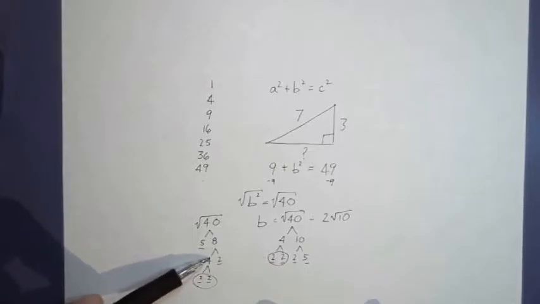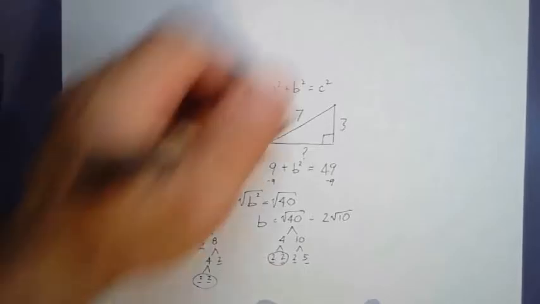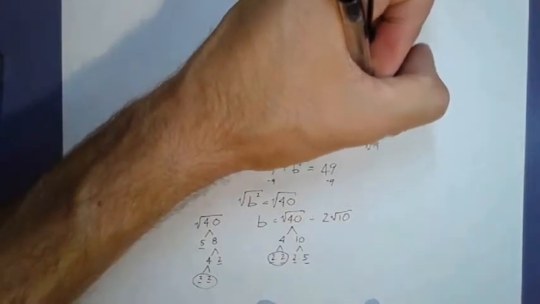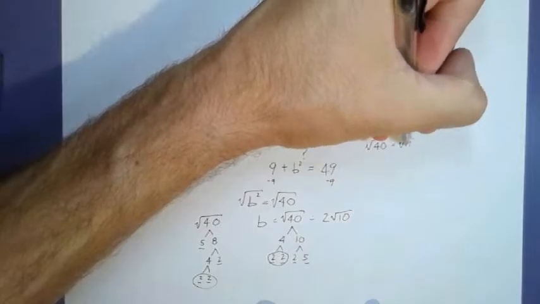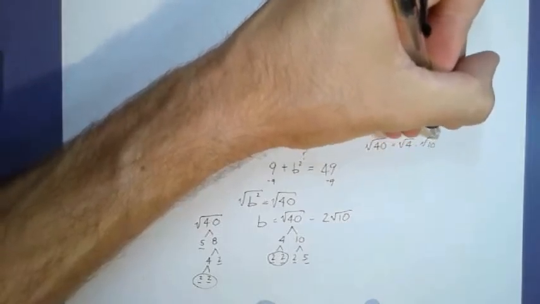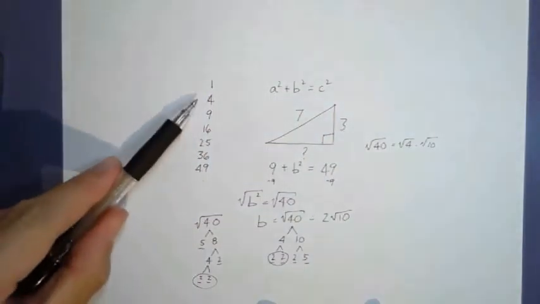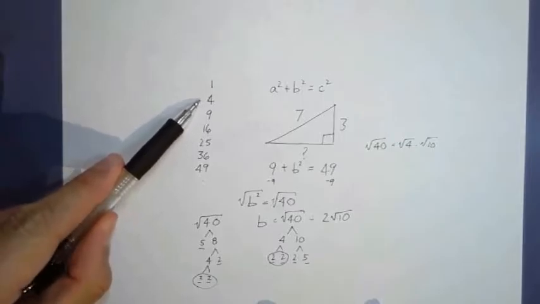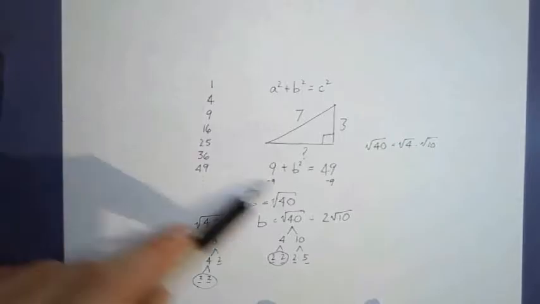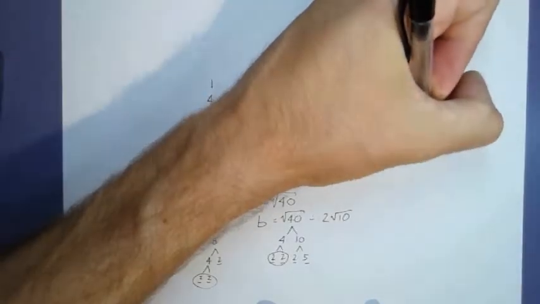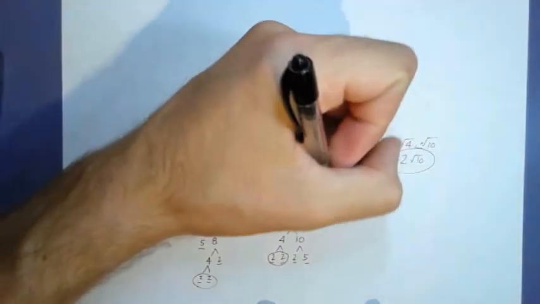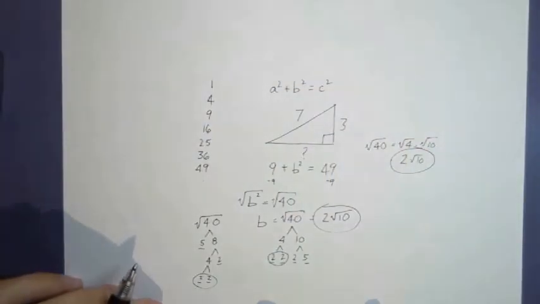So 4 is a perfect square. With this method, I would say that the square root of 40 could be rewritten as the square root of 4 times the square root of 10. I'm just looking at a perfect square that's a factor of 40. And I know the square root of 4 is 2, so I get 2 root 10. So both of these methods get the same result.